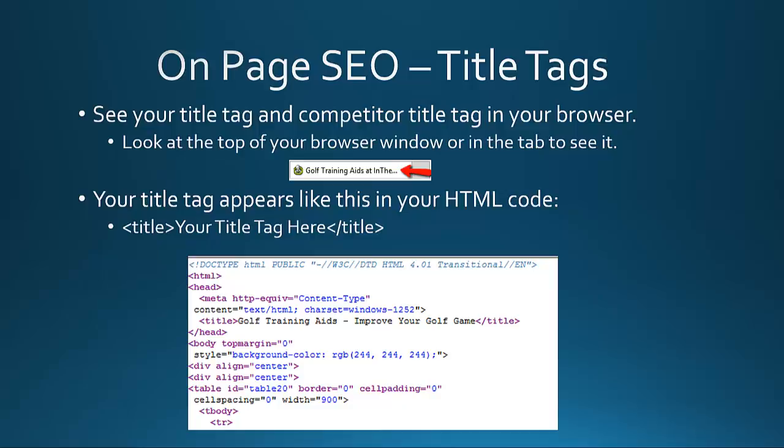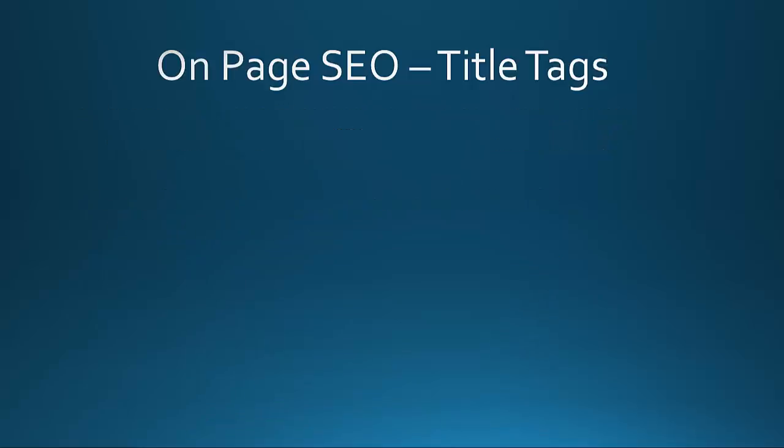You may also see it on some WordPress sites. One thing to keep in mind is WordPress coding is going to look a little bit different, and there are certain plugins that you could use, and we'll get to those in a moment, that would make inserting your title tags extremely easy. There are lots of software tools out there, even if you're using an e-commerce site built on an open source platform like osCommerce, you could use a plugin or tool to make your title tags show up there.